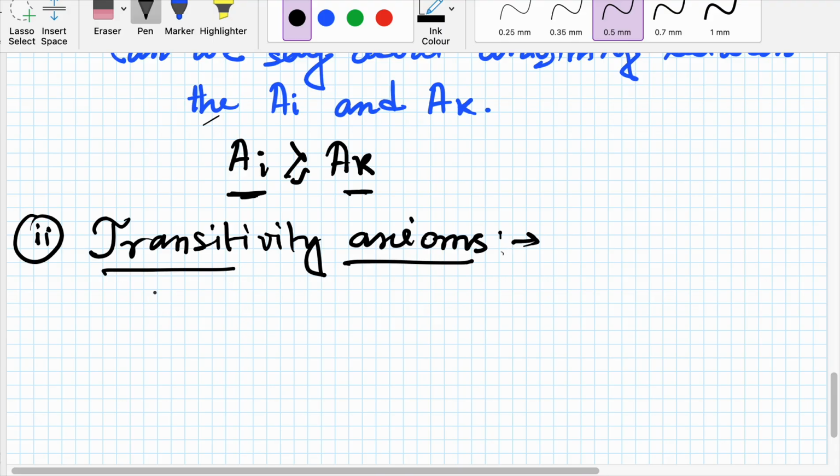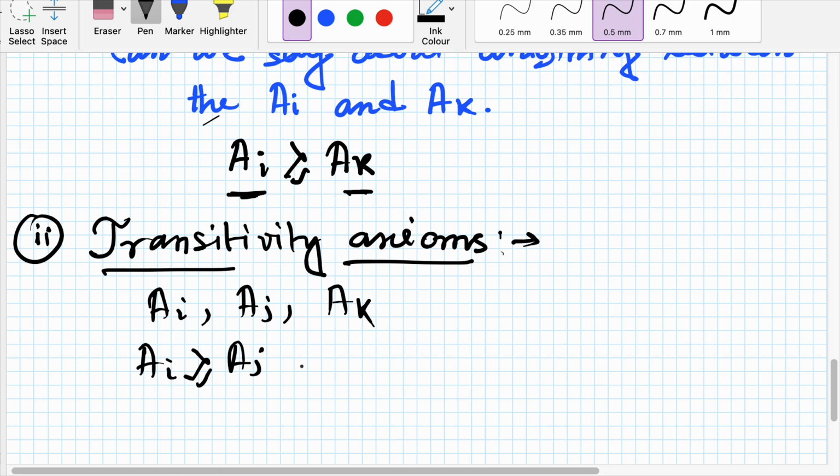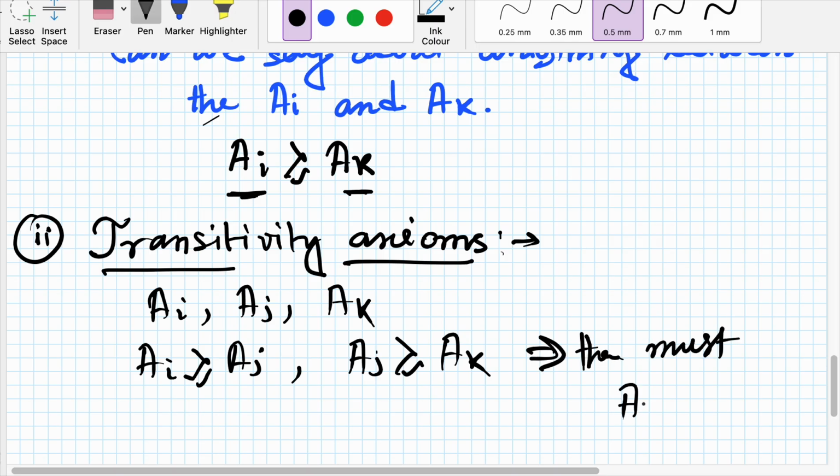Among three options AI, AJ, AK, if AI is preferred over AJ or indifferent, and AJ is preferred over AK, then AI must also be preferred over AK. So this is called transitivity. Now there is a caveat. But before going to the caveat, what is the implication of these two?